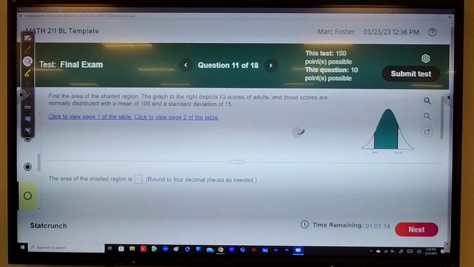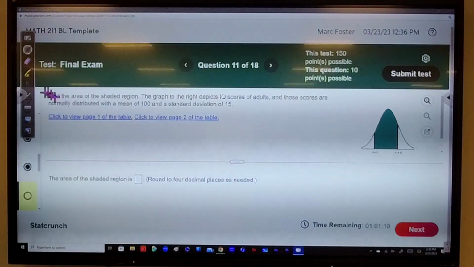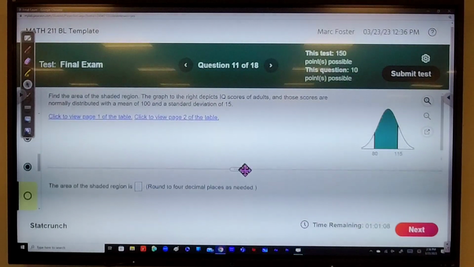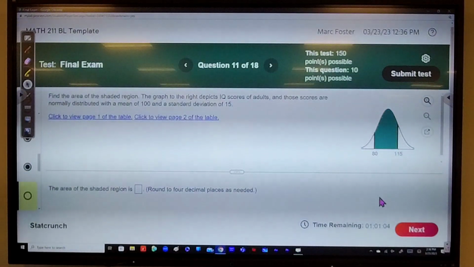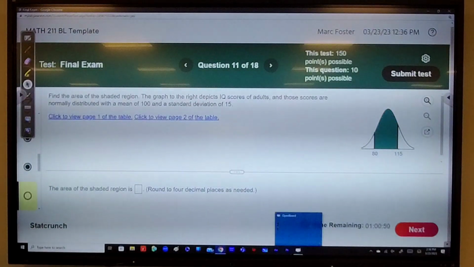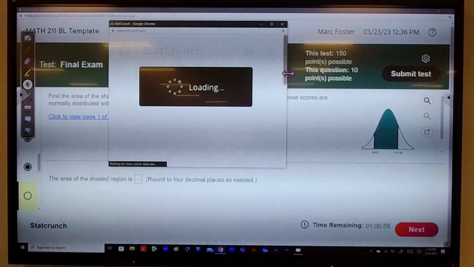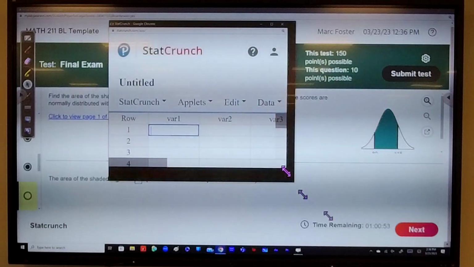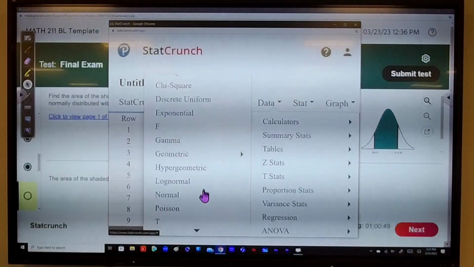IQ scores are normally distributed. And so we'll be calculating the probability that a randomly selected adult has an IQ between 80 and 115. So stat calculators, normal.